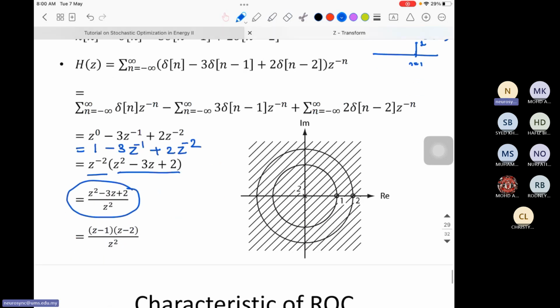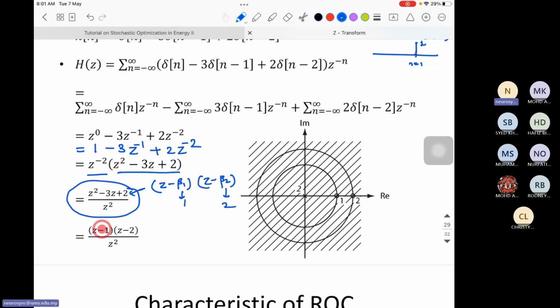Okay, now this polynomial is of power 2, so we will get z minus beta 1, z minus beta 2. So we write this polynomial z square minus 3z plus 2 like this. The value of beta 1, if you find this, is 1, and this is 2.